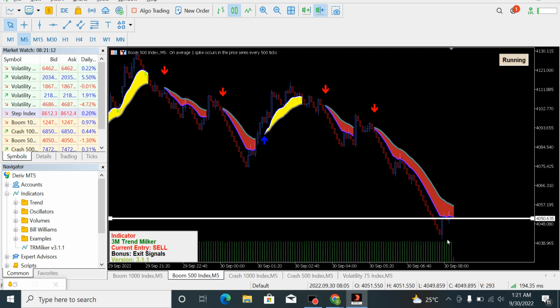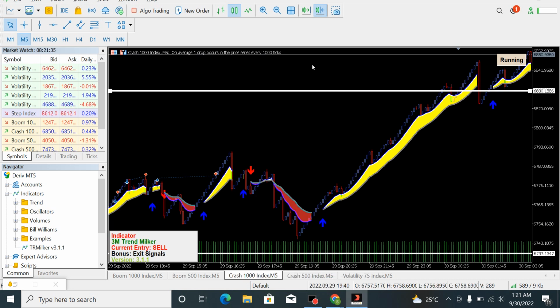Okay, so it will be trying out the support zone again. You need to have this at the back of your mind, that anything can happen around there. So stay away from selling Boom 500 at the moment, because it will soon be spiking up any moment from now.